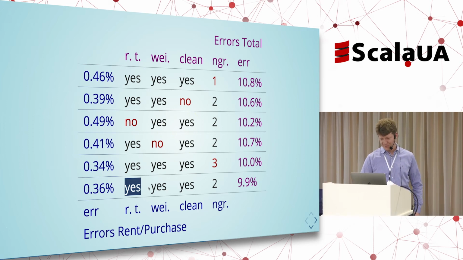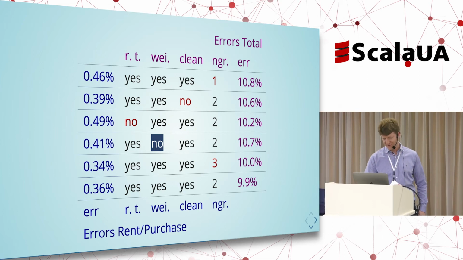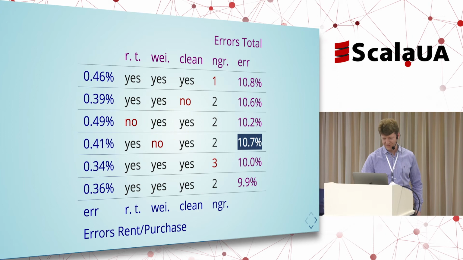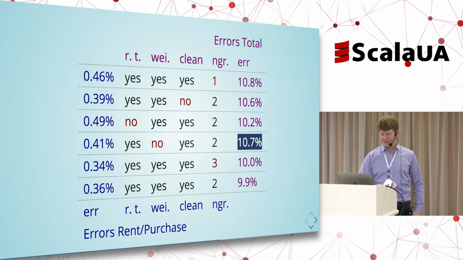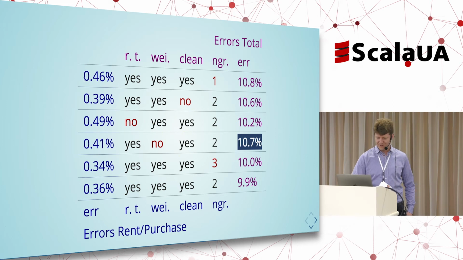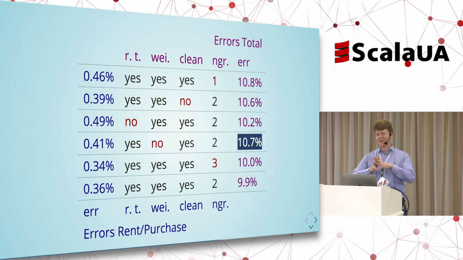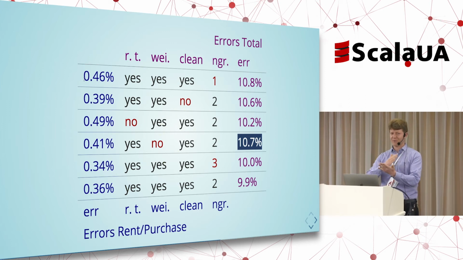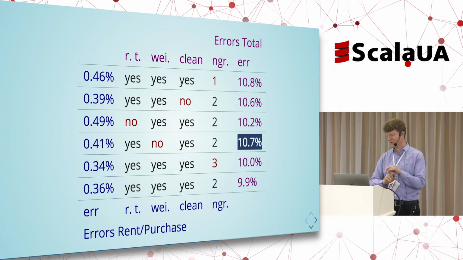Now, for example, if I would just say, okay, let's disable this term weighting and see what happens, then I would get an error of 10.7%. So you see that this really makes a difference. And on the other hand side, you see the error just for rent versus purchase. As I told you, the classifier is in fact doing three classifications: property type, property subtype, and listing category.